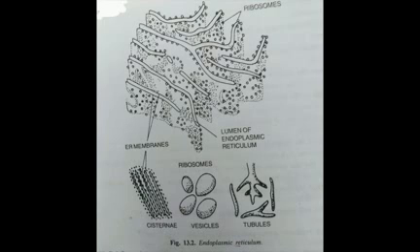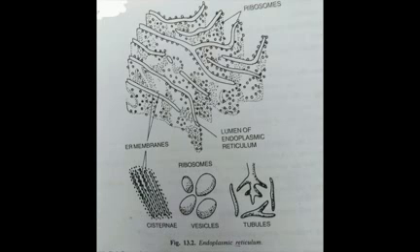The main function of endoplasmic reticulum is synthesis of protein, that is rough endoplasmic reticulum, because the function of ribosomes is protein synthesis. So the endoplasmic reticulum that contains ribosomes helps in protein synthesis.